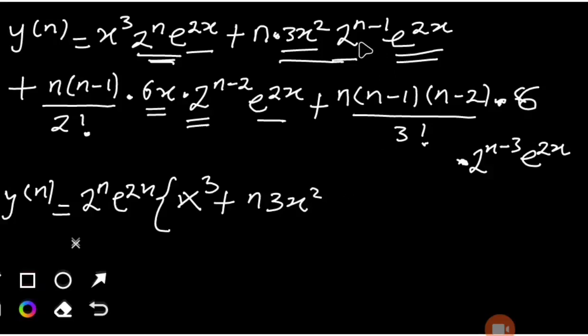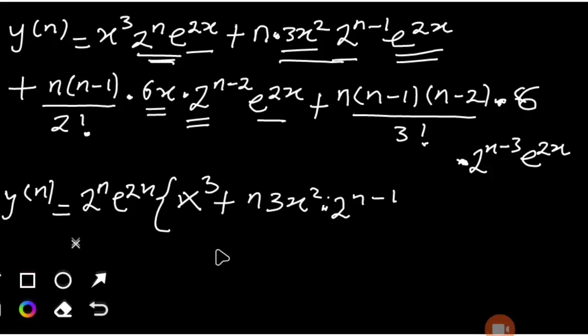Now, remember, I have 2 raised to the power minus 1. Already 2 raised to the power n is out, so there's going to be 2 raised to the power minus 1.